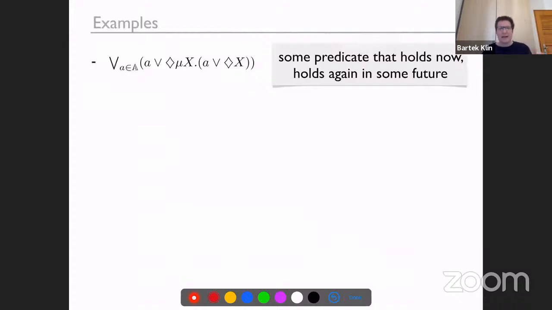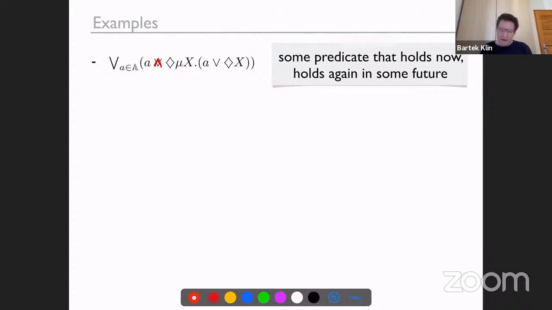Examples. Let's not decipher this example very carefully, but let me just phrase in English the kind of property that I can express. This formula says that some basic predicate holds in some future, and with the same annoying typo again.